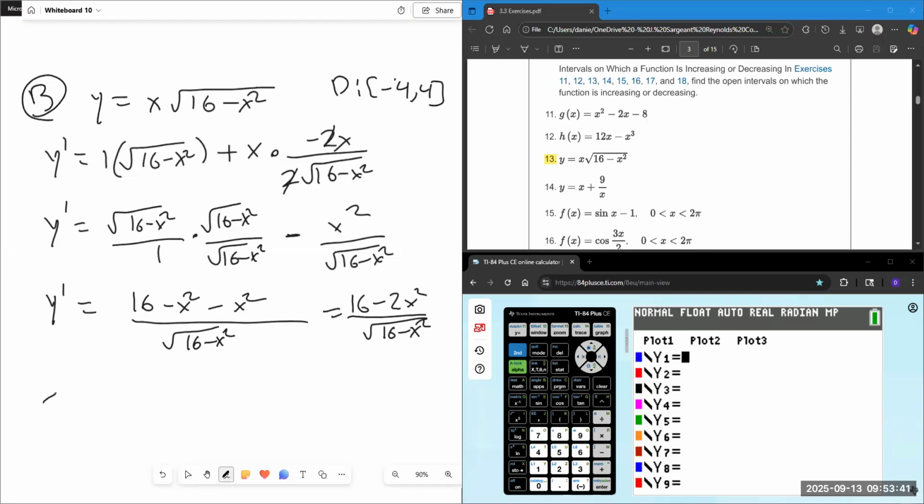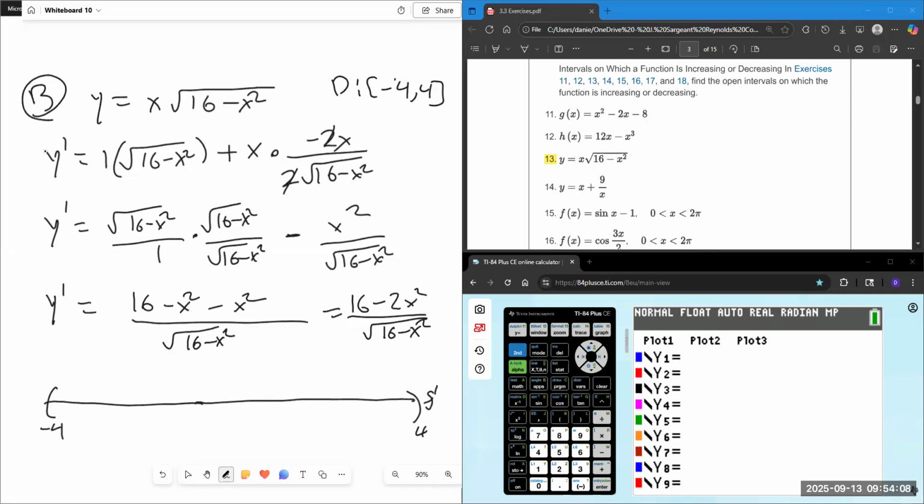So number line here, I'm going to just cut it off at negative 4 and at 4, and the derivative's not defined at negative 4 or 4, so I'm going to make open intervals there when I'm talking about f prime on this first derivative test that I'm about to do.